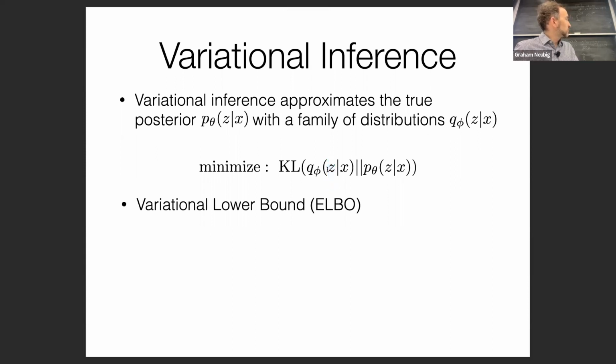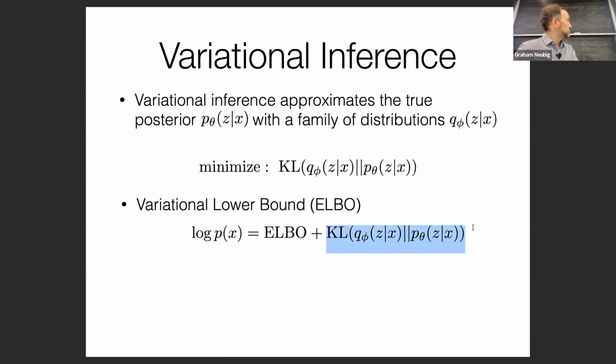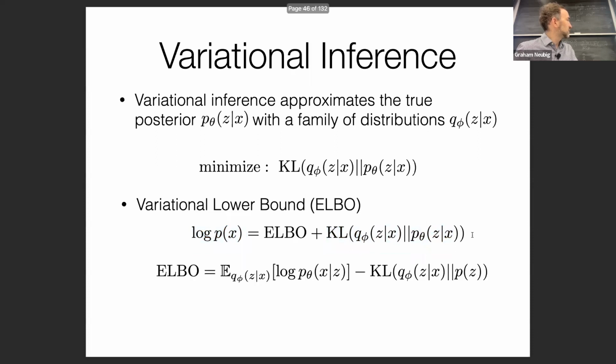And what we do is we use something called the variational lower bound, where the variational lower bound is essentially the lower bound between this KL divergence here and the log probability of X. So this is what we actually want to model. And this is something that we cannot model directly, but we can transform it in a couple of ways to make it close to what we want to model.